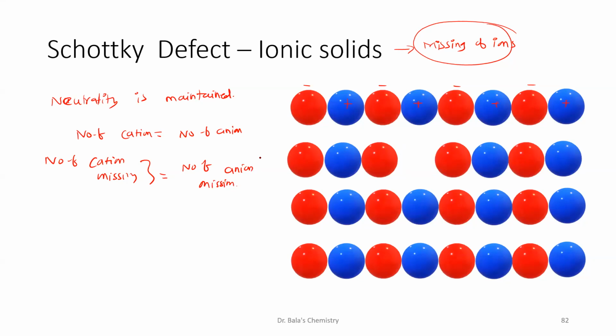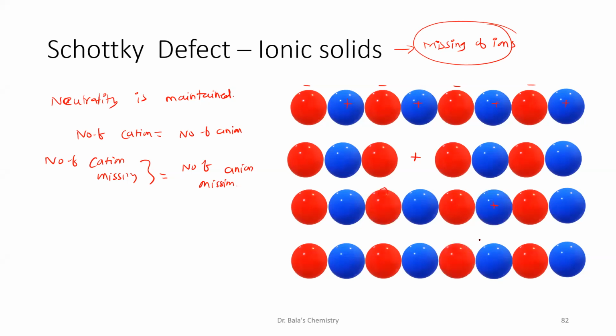Say for example, if one positive ion is missing from here, one negative ion will also go missing. And one more positive ion is missing, and one more negative ion is going to miss.